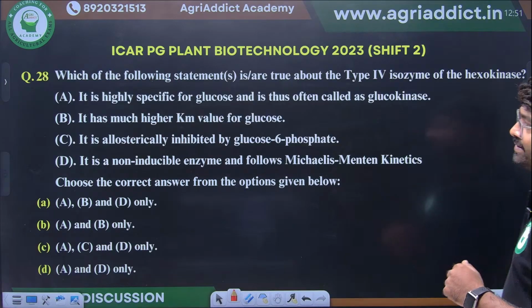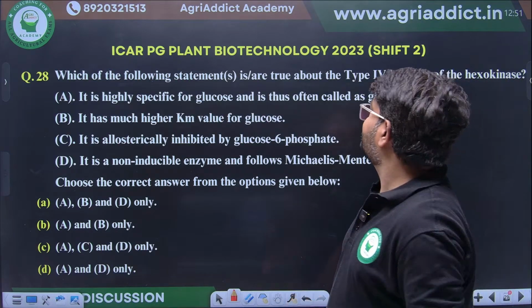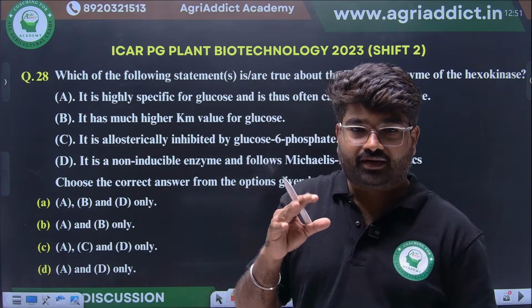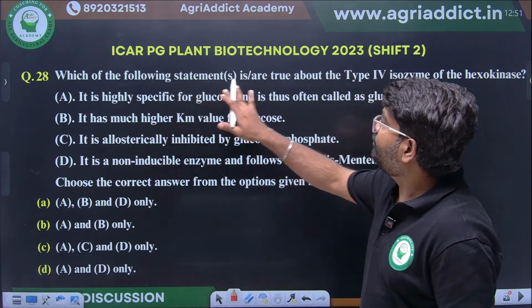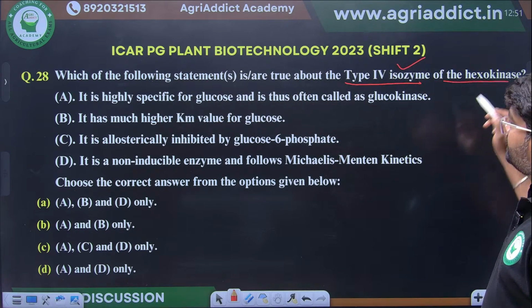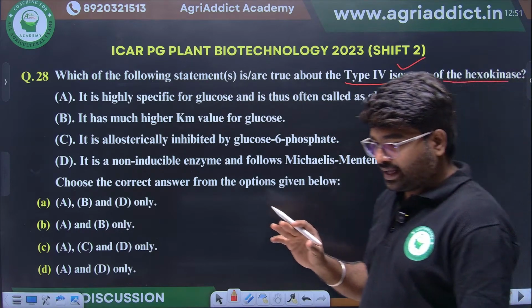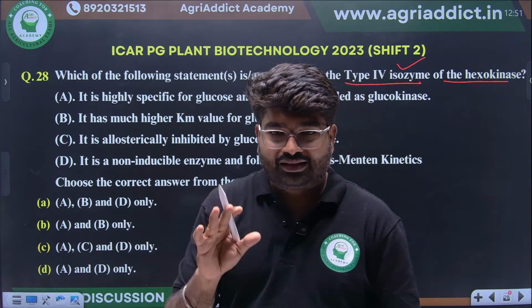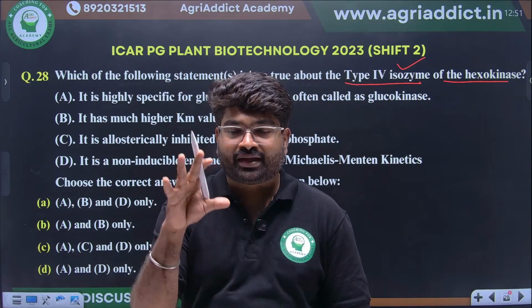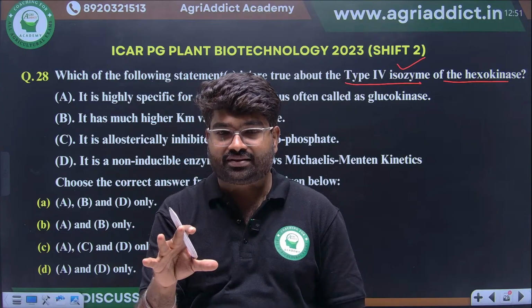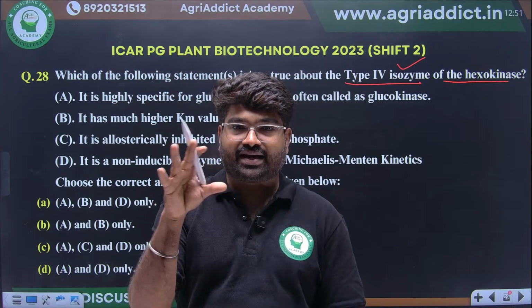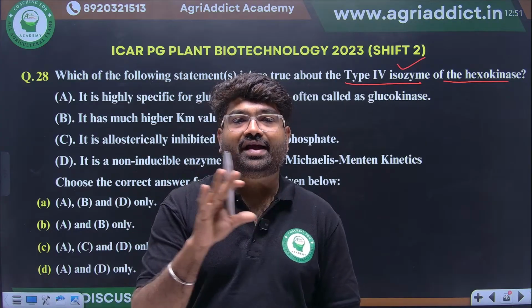Next, another question on enzymology only. They are asking in a different way. Which of the following statements is true about type 4 isoenzyme of hexokinase? We know isoenzymes are different forms of the same enzyme that catalyze the same reaction, but may differ in amino acid sequence, catalytic efficiency or other kinetic parameters.